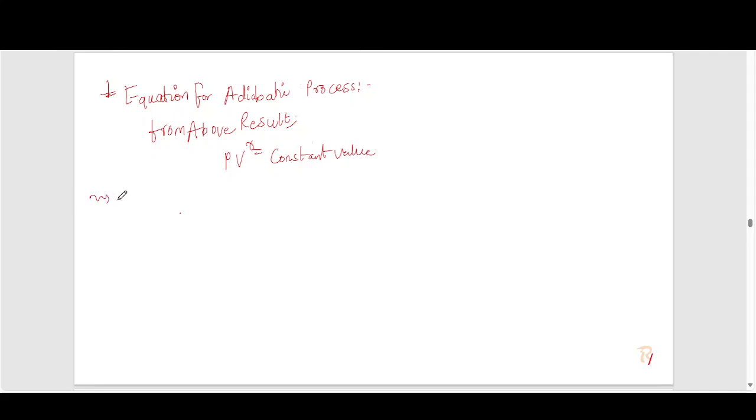Therefore, from the ideal gas equation, PV is equal to nRT, P gives me nRT upon V. Let me call this 1 and this 2.